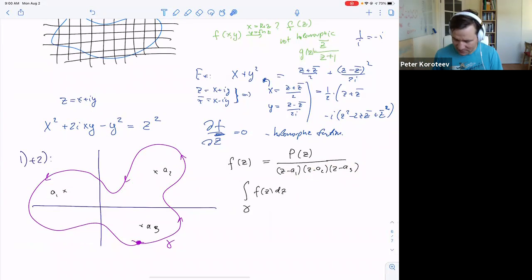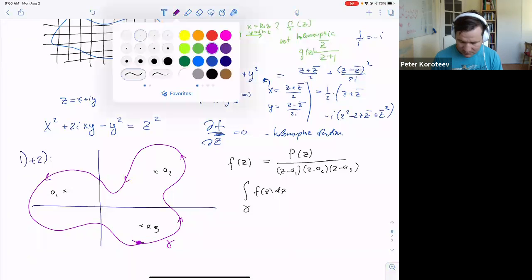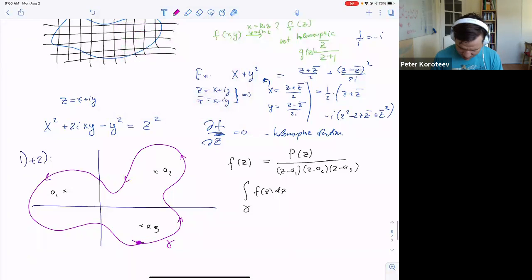So here, clearly this f is defined everywhere except at these 3 points, where it diverges. Away from all these 3 points, we can move the path a little bit. We can essentially move it until we hit those poles, right?